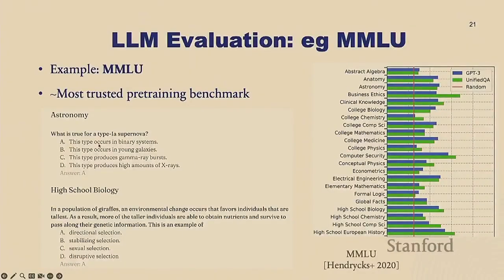Then you give 4 different potential answers, and you just ask the model which one is more likely. There are many different ways of doing it. Either you can look at the likelihood of generating all these answers, or you can ask the model which one is the most likely. So there are different ways that you can prompt the model, but at a high level, you know which one is correct, and there are 3 other mistakes.